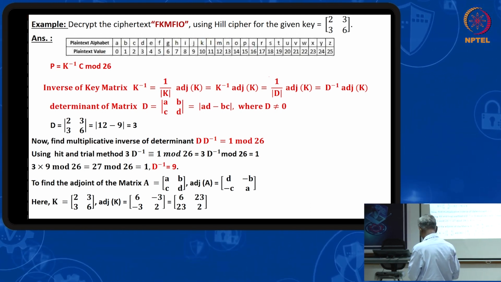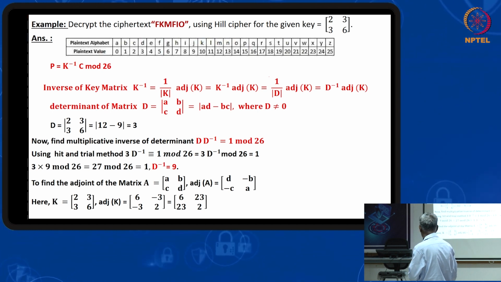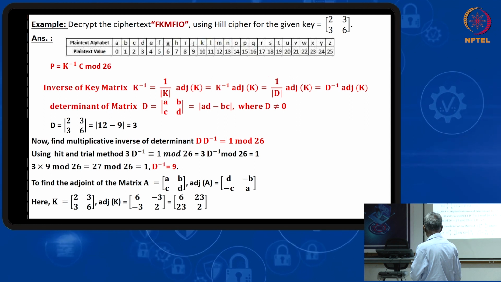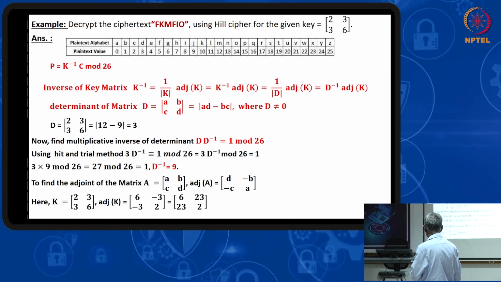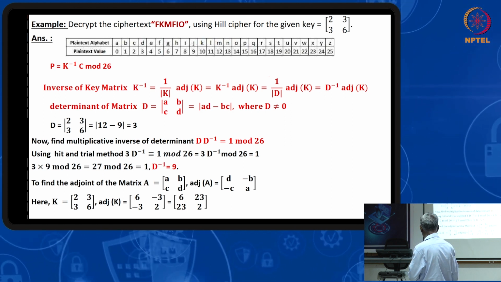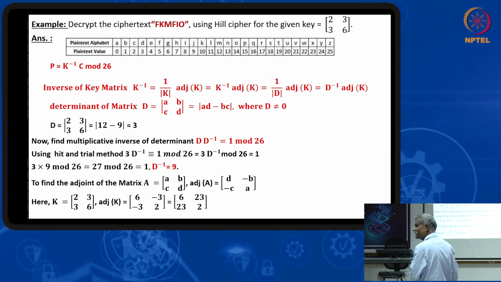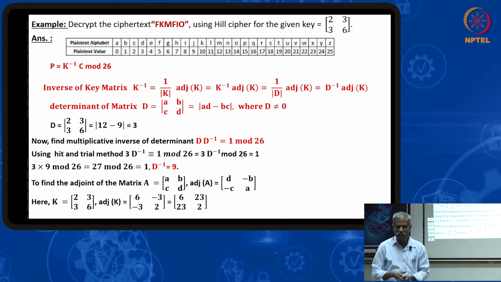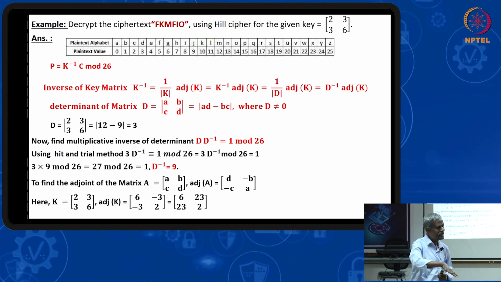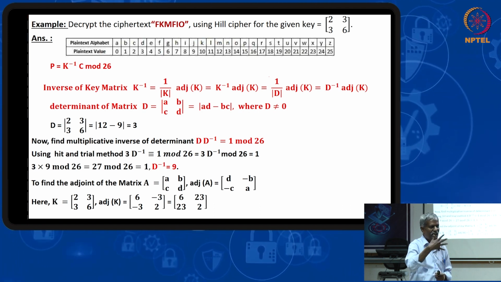In this way, here it is modulo 26 algebra. You see, it is modulo 26. If you add 26 to minus 3, what will happen? In modulo 5 algebra, you are adding 5. In modulo 26 algebra, you have to add 26.